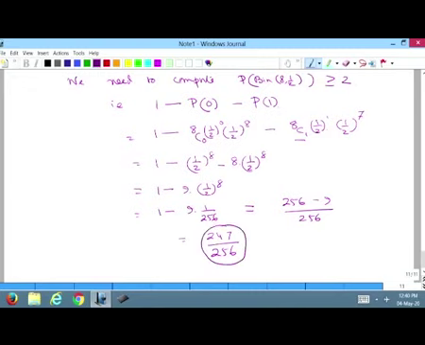So, that is the probability that the random variable will take value greater than or equal to 2.